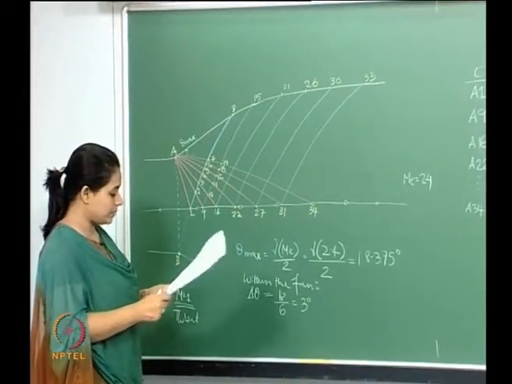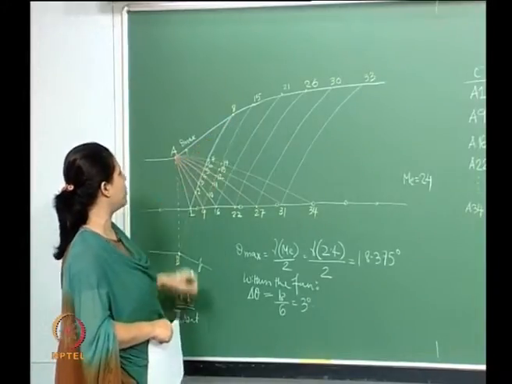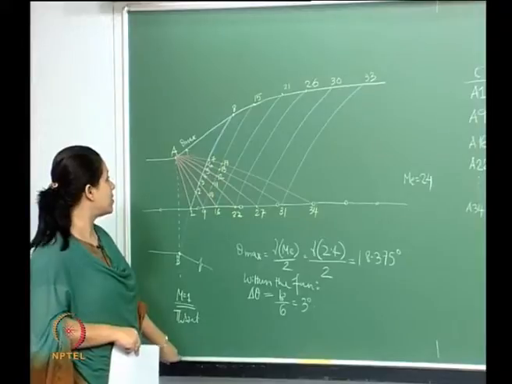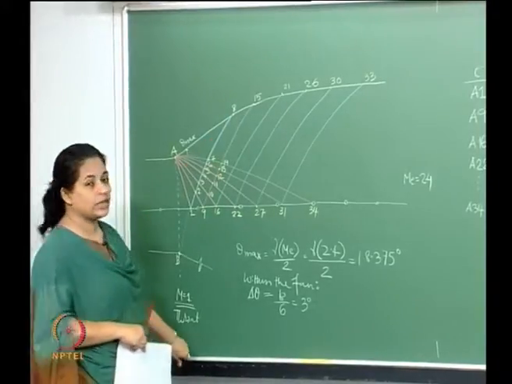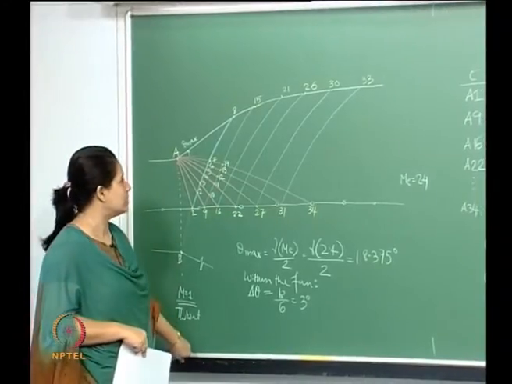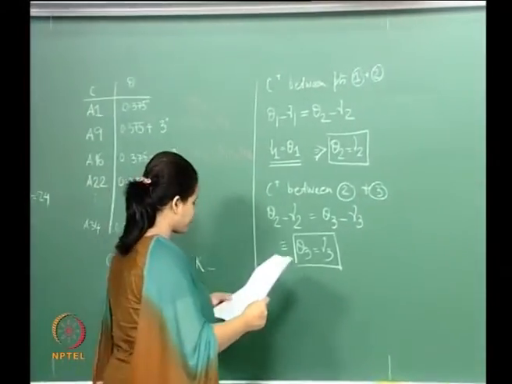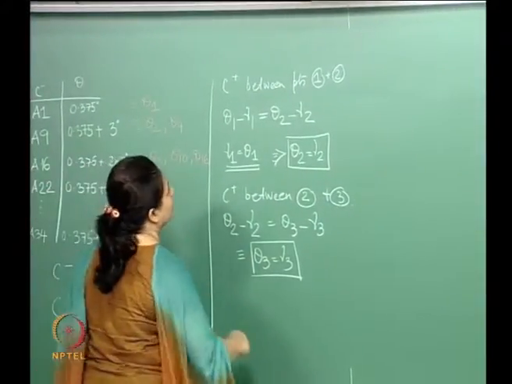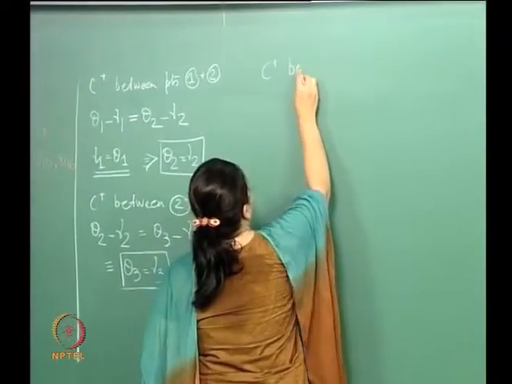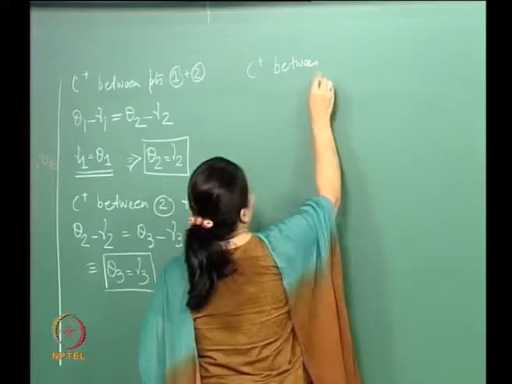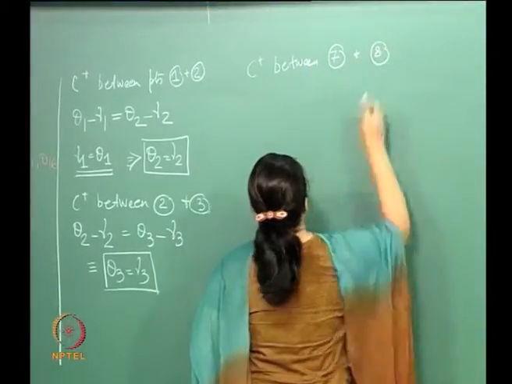Now let us come here to the point 8 on the same characteristic line. This is the point which we actually need to design. So again C plus between points 7 and 8.